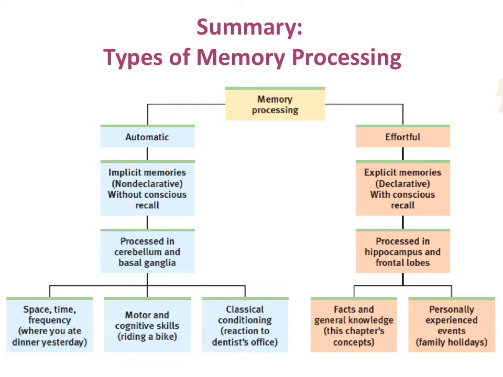So we have our implicit, automatically formed memories, and we can see that they're non-declarative, they don't require conscious recall, and they're processed in the cerebellum. So let's start with space-time frequency. This is a new example.